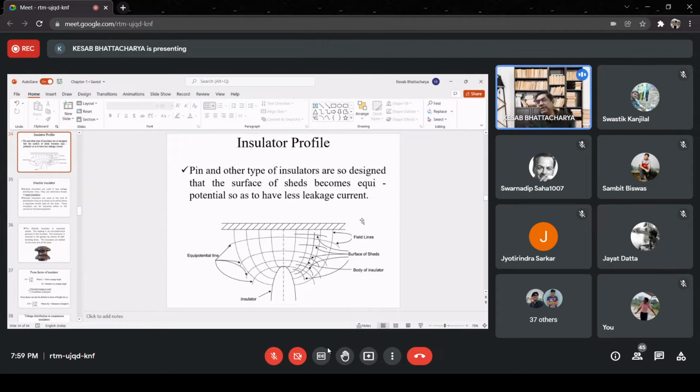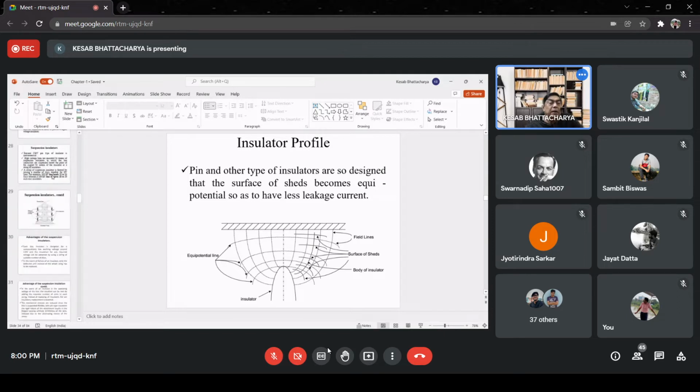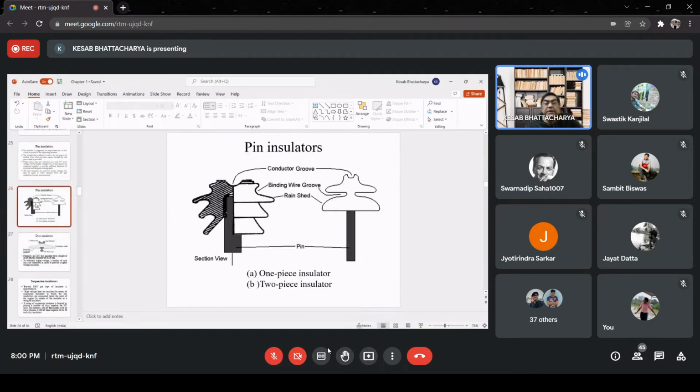We have seen there is a top groove over which the conductor is placed. Going back to the diagram, this is the pin type insulator. This is the conductor groove. Here we place the high voltage conductor, and this is the metallic pin through which it is placed at the tower cross arm, that is, connected to the ground potential at the lower end.